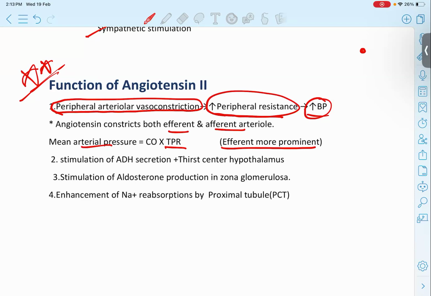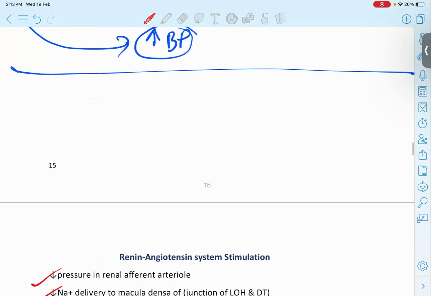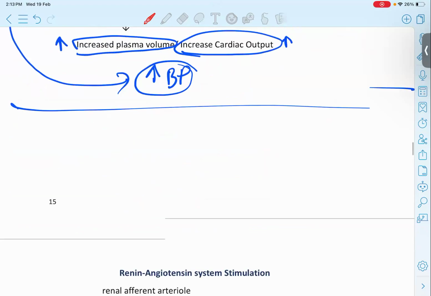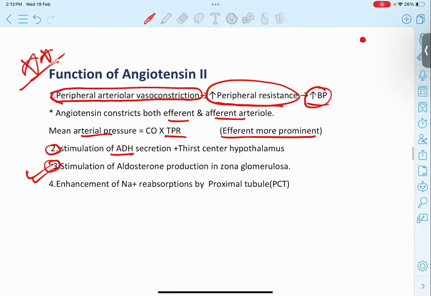Next is the stimulation of ADH secretion. So we know this number 3, I have already showed you here, how angiotensin 2 stimulates zona glomerulosa and releases aldosterone. But it also stimulates ADH secretion.